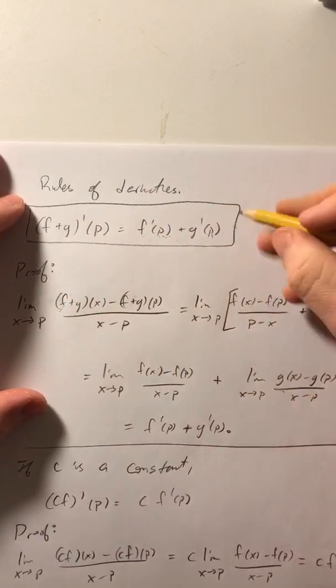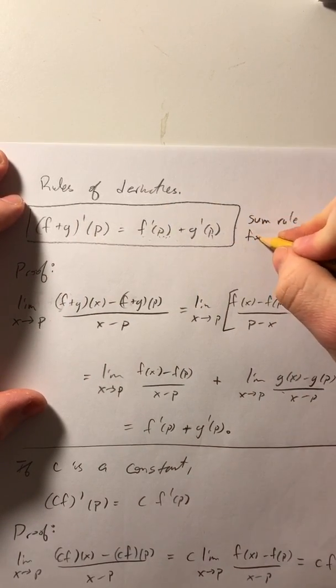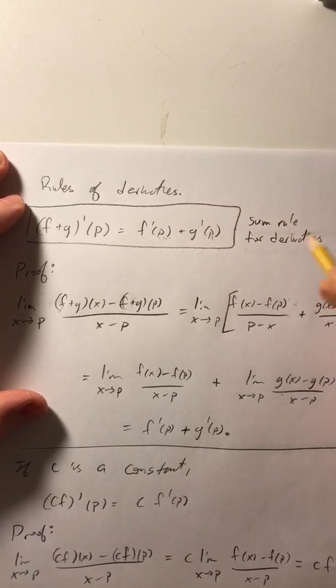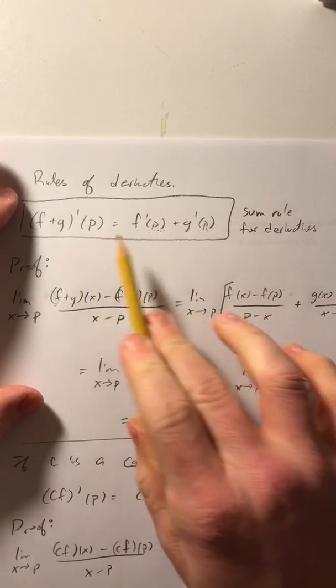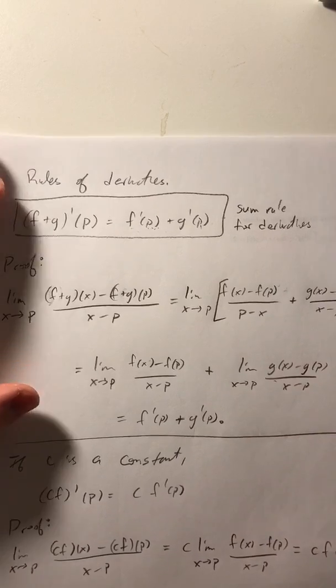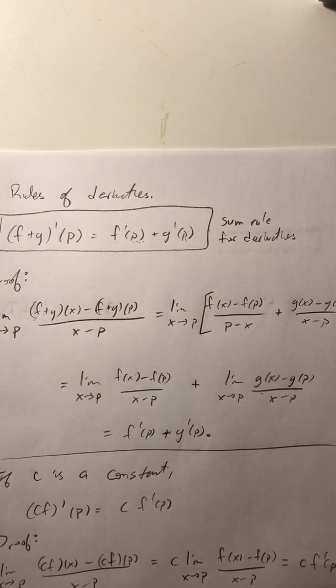This is the sum rule for derivatives, because we're going to have a sum rule for integrals as well. The sum rule says it doesn't matter what order I do those things in. I can add and then take a derivative, or take a derivative and then add. I get the same thing. It's very nice because if you remember product rule, you know that products don't work that way. Multiply and then take a derivative versus take derivatives and then multiply, you do not get the same thing, usually.